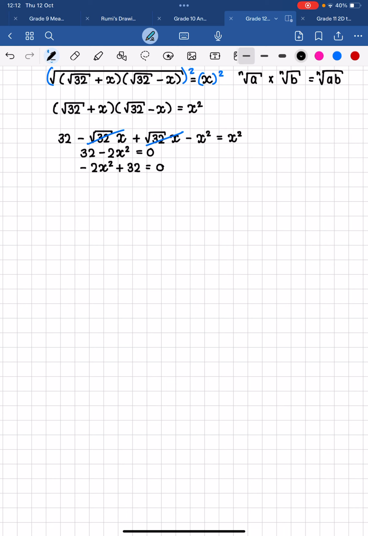We can divide by negative 2, or we can move the 32 over. I'll show you both options because both are correct. So if you just move the 32 over, it's going to become negative 32, and then we must divide by negative 2. What is negative 32 divided by negative 2? 16. There we go.